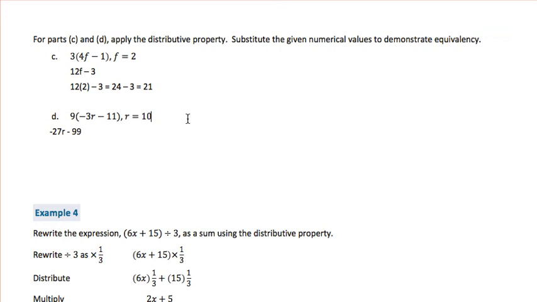Let me show you an example. So I would first rewrite the expression negative 3r plus negative 11. And then I would distribute, and I would have 9 times negative 3r, which is negative 27r, plus 9 times negative 11, which is negative 99.